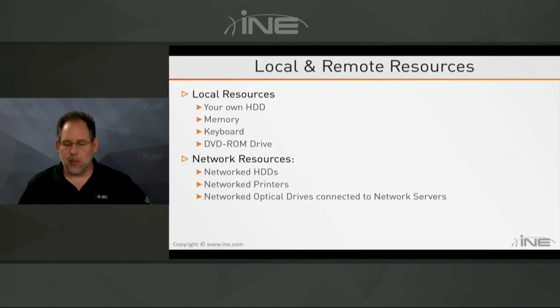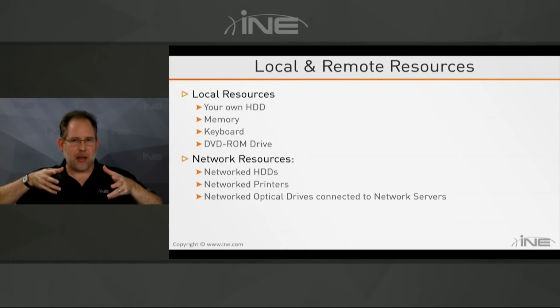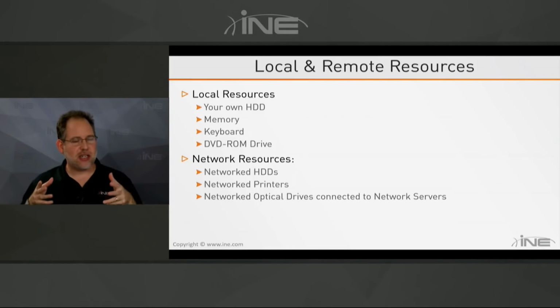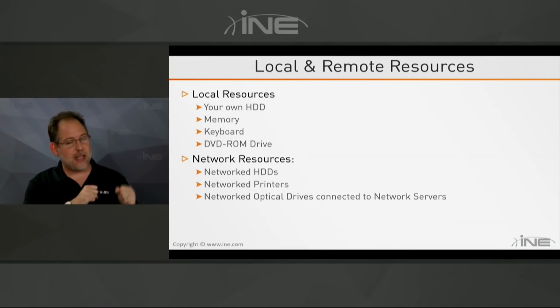So one thing I also want to point out here is that you can't, just by physically looking at something, necessarily tell if that thing you're looking at is a local or a remote resource. What do I mean by that? Imagine that you're sitting at your desk and next to your laptop or your PC, you see a printer.